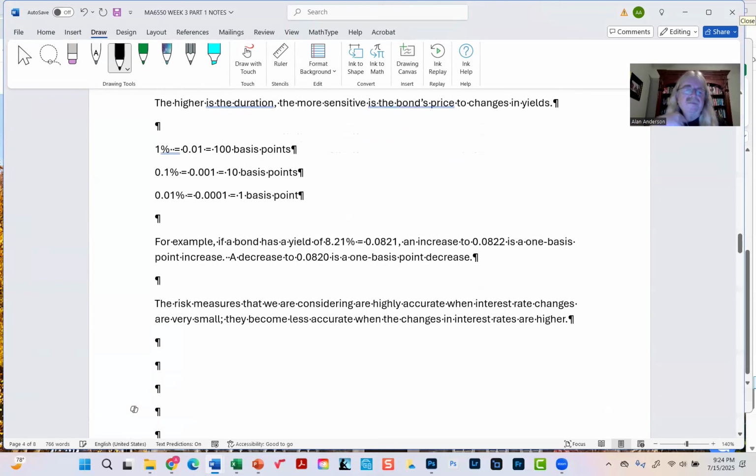Now, why is this happening? Well, because duration is a linear measure. Okay, it is being used to approximate changes in a nonlinear function.